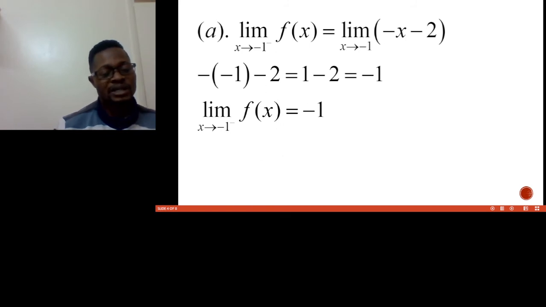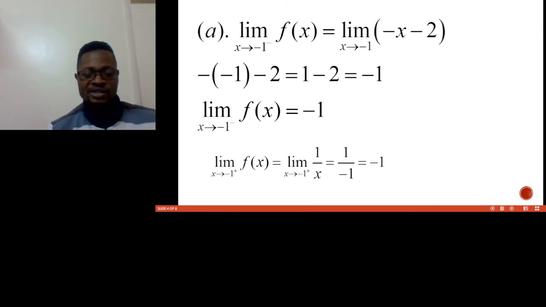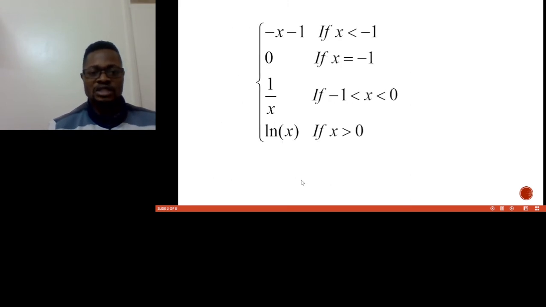So let us proceed to find the limit as x approaches negative 1 from the positive side. From the positive side, we will have 1 over x. Why? Because that is what the function says: negative 1 is less than x and x is less than 0. So 1 over x is the right hand side piece.